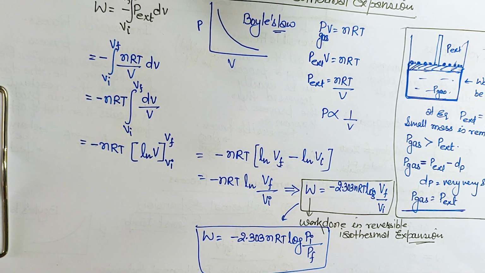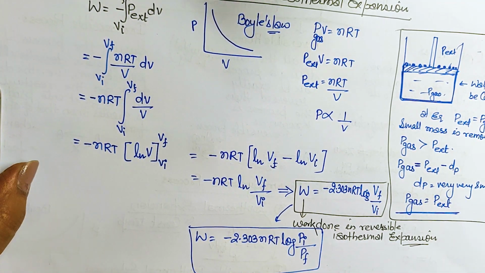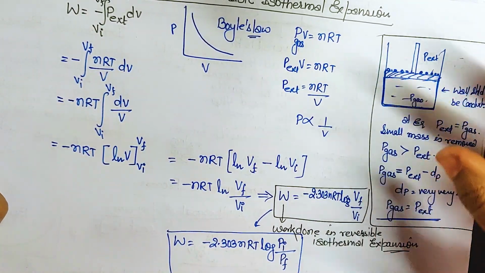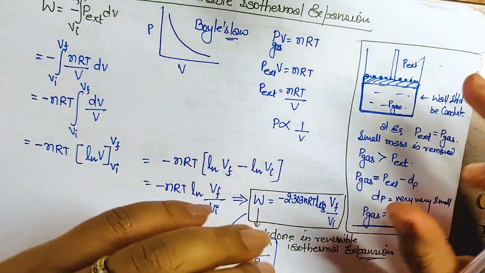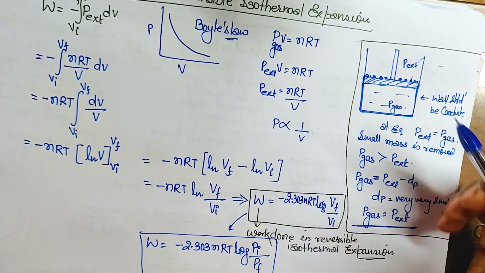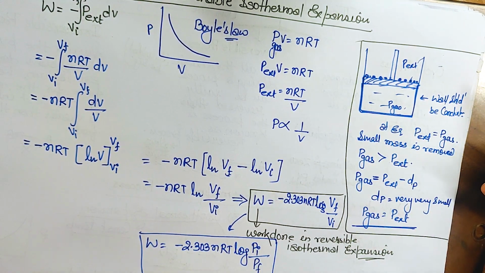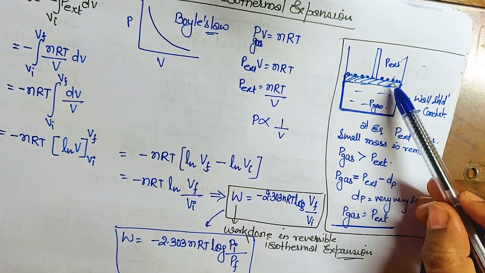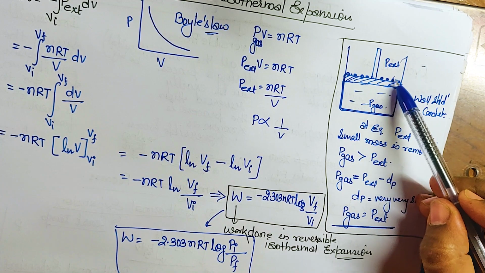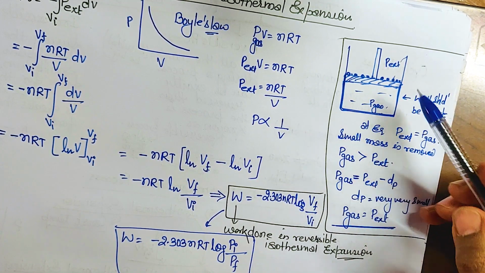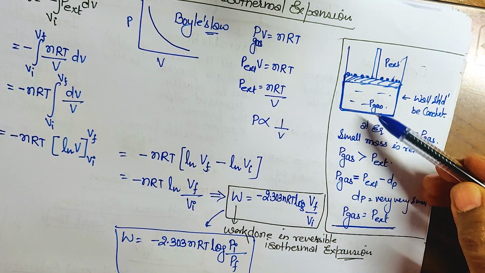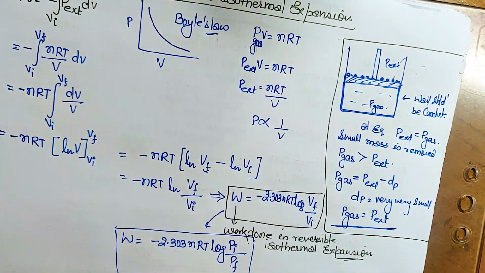Got it? Okay. Now I just want to explain how this piston will be in equilibrium. How will the system be in equilibrium? Let me explain. See, if we take a small mass out of this, that means the pressure is going to decrease and hence there will be expansion. Got it?